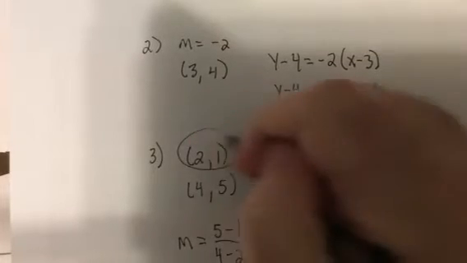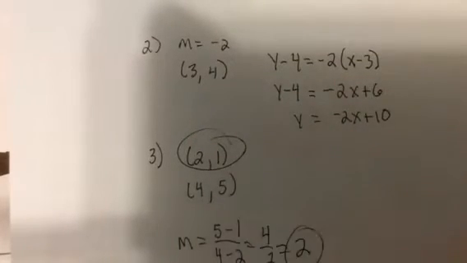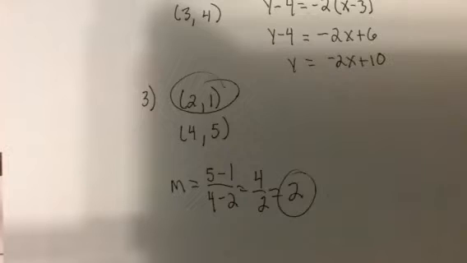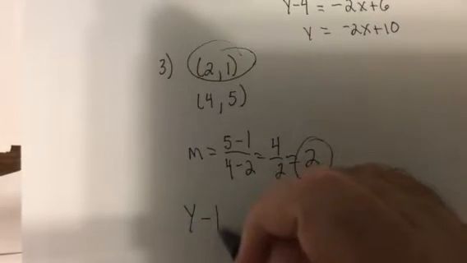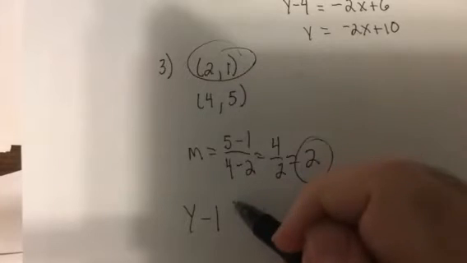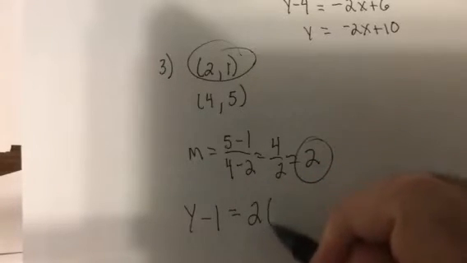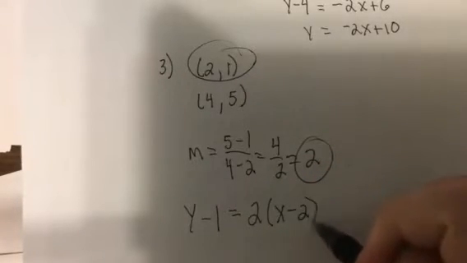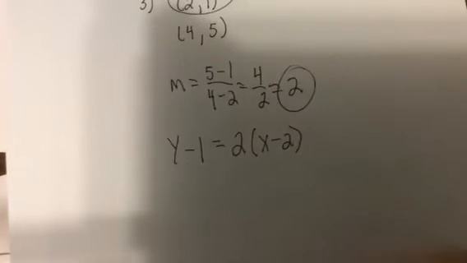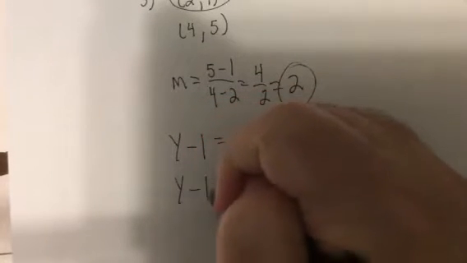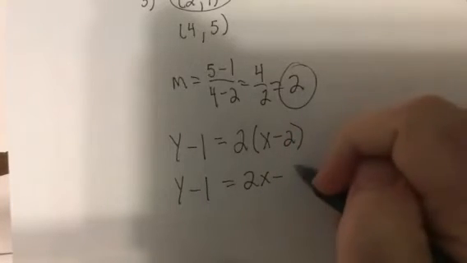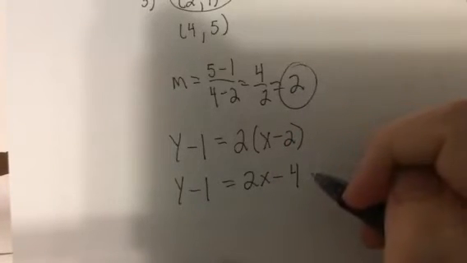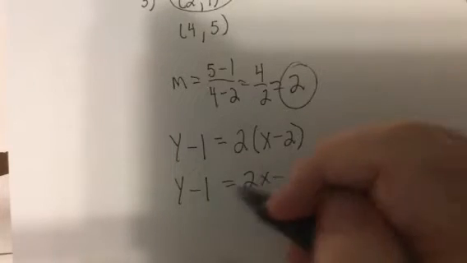So I'm going to use this point. You could use this point if you wanted, it doesn't matter. And I'm going to use point-slope now. y minus the y number equals the slope times x minus the x number. So I'd have y minus 1 equals 2 times x minus 4. Now I'm going to add 1.